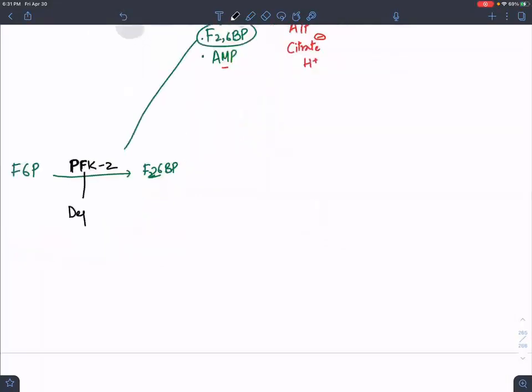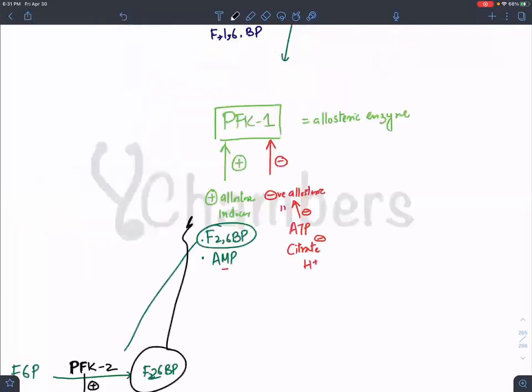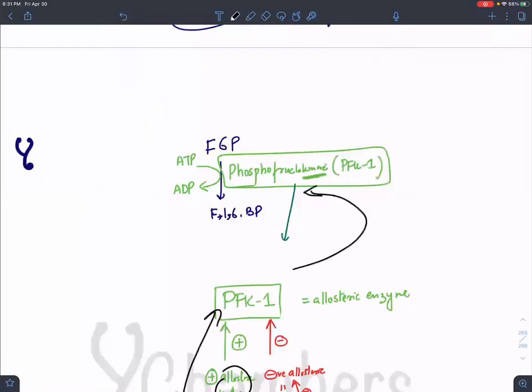If you dephosphorylate it, you will be activating it, and you will be making more fructose 2,6-bisphosphate, which will be a positive allosteric inducer of PFK1, which will be doing what? Glycolysis. Is it clear?